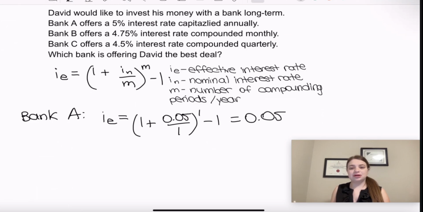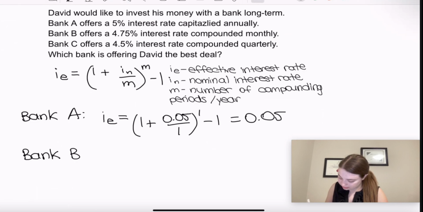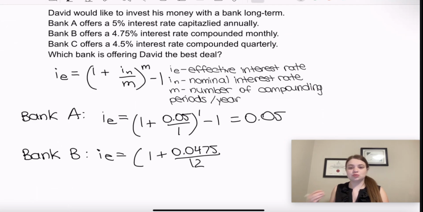Okay, what if we're capitalizing monthly or compounding monthly? Two words can be used interchangeably there. So let's say that we are compounding monthly now, and we have the nominal rate of 4.75% annual interest. So in this case, we have 1 plus 0.0475, and this time it's over 12 because there are 12 compounding periods per year in the event that we're compounding monthly.